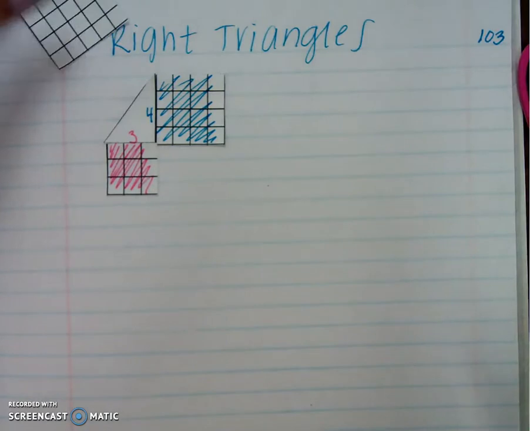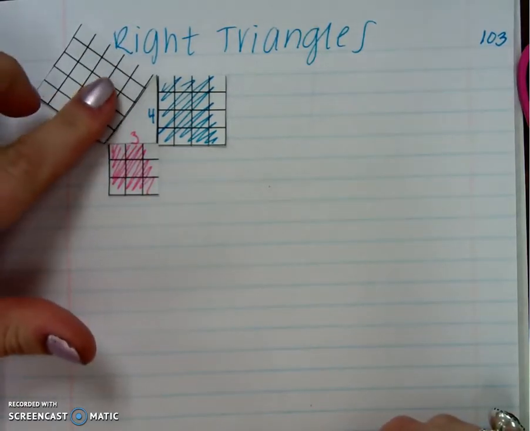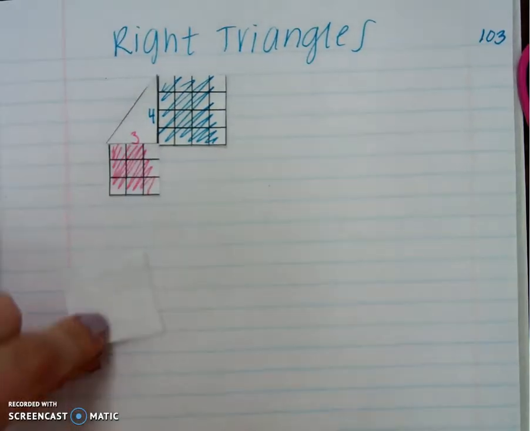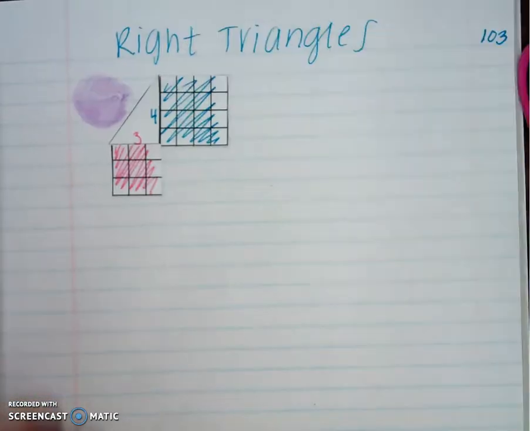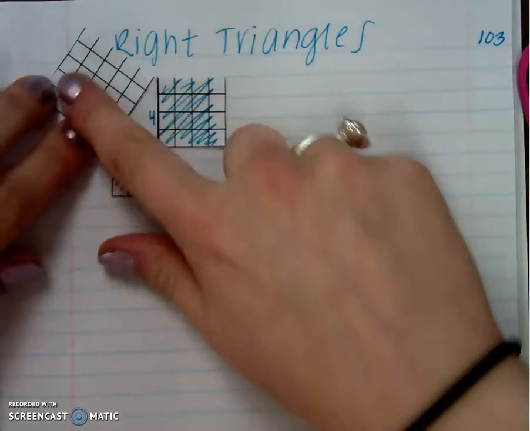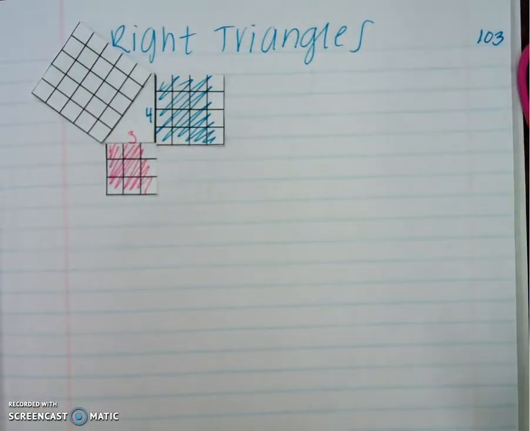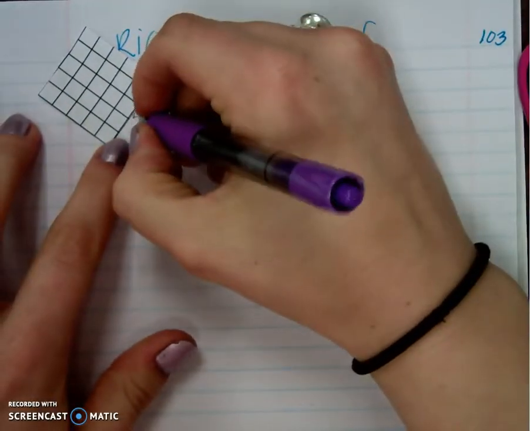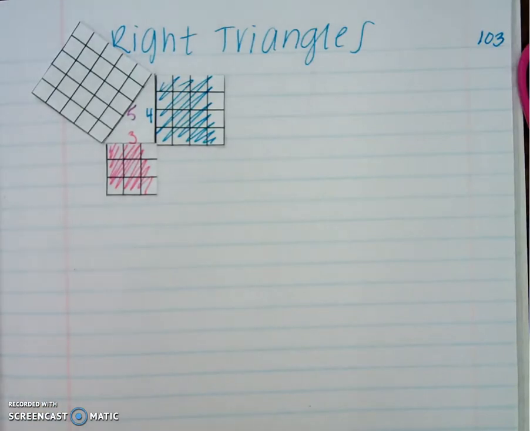The last side is 5 units long, and it's okay if it covers up your title. That's the length of that 5 by 5 coordinate grid. Okay? So our 5 is going to go there. All right?